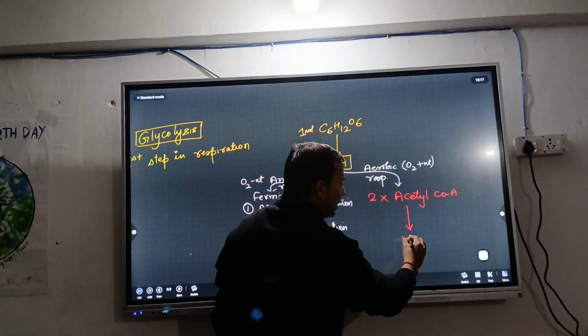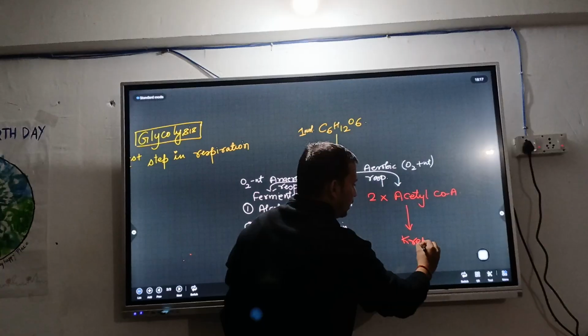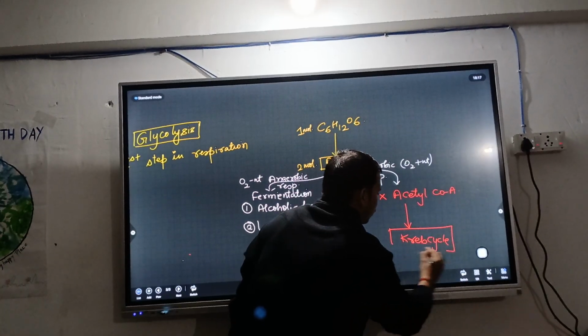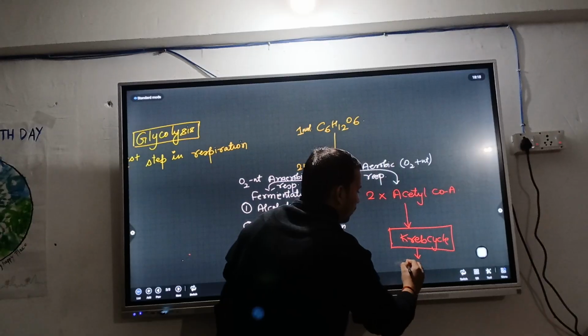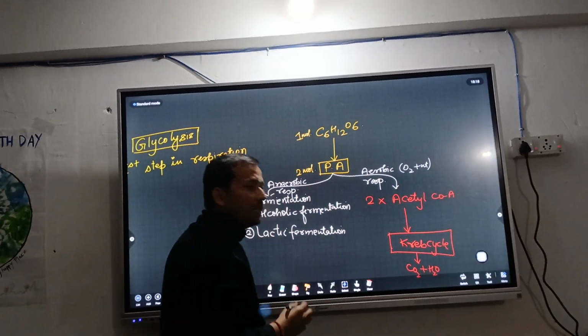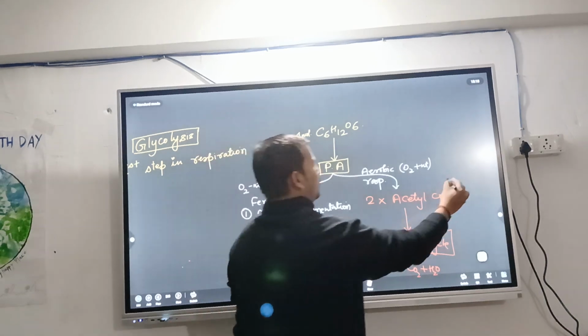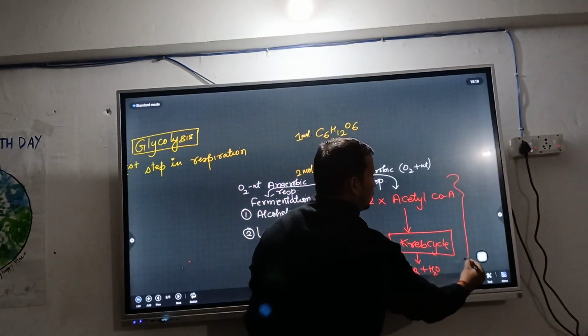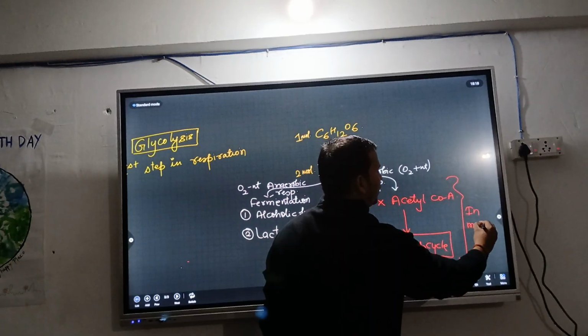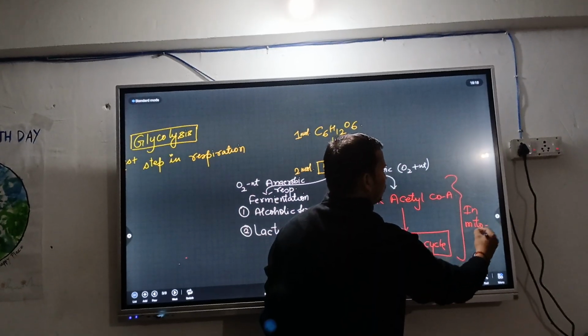The Krebs cycle. Student, through this Krebs cycle, finally what will be coming out? CO2 and water will be coming out, and energy will also be liberated. So all these processes, student, take place in the mitochondria.